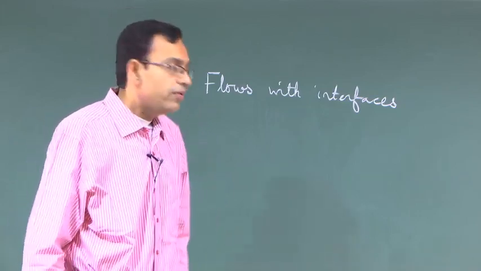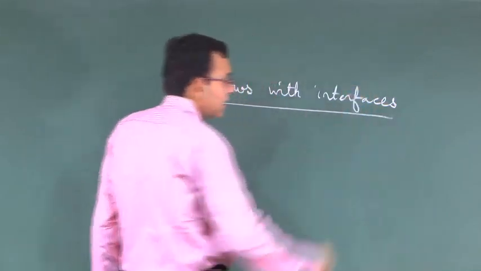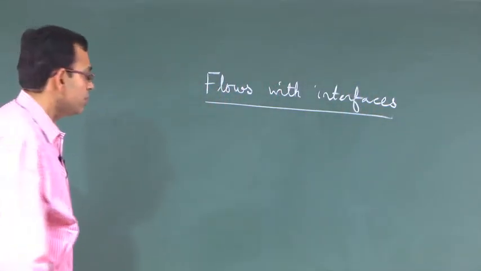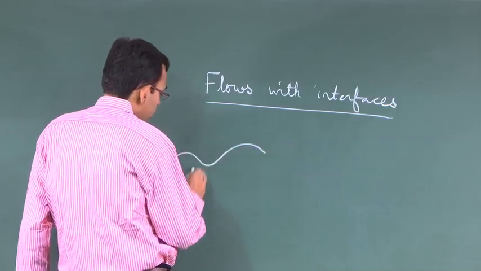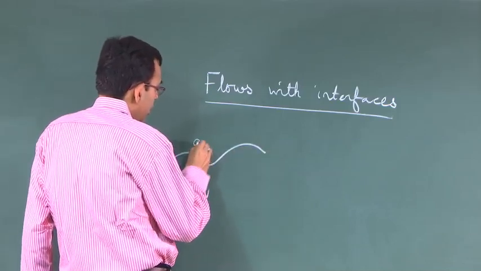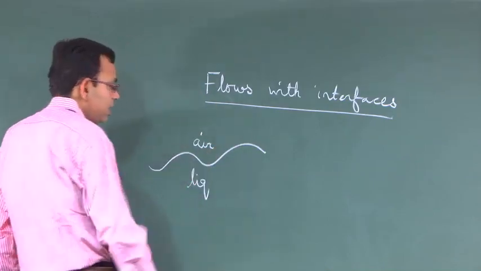So, today we will try to understand how to broadly treat flows with interfaces. Let me give you an example and we will mainly consider that example in this module: you have a liquid and you have air and there is an interface between liquid and air.